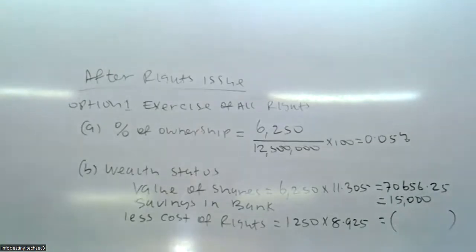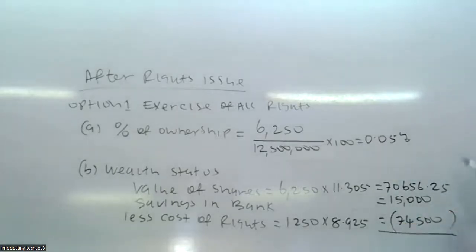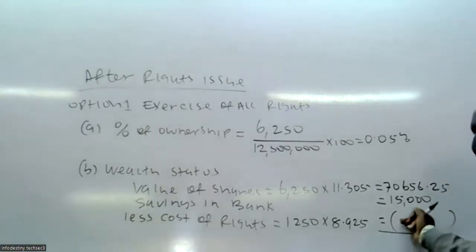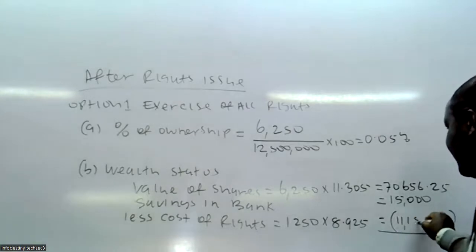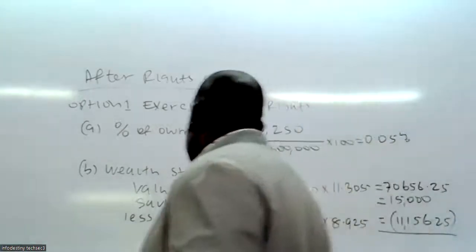So when you take 1,250 multiplied by 8.925, you are getting which value? 11,156.25 like that. Yeah.